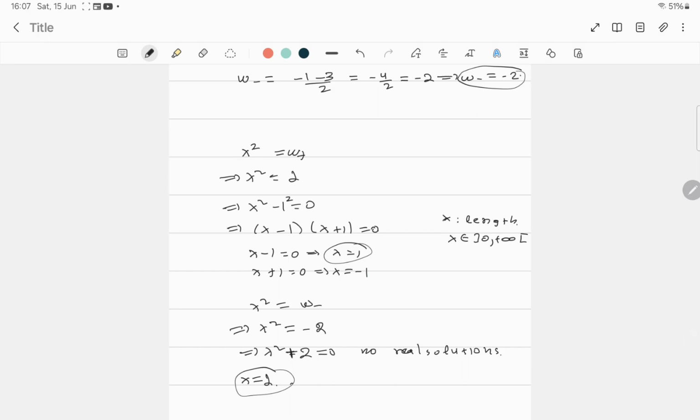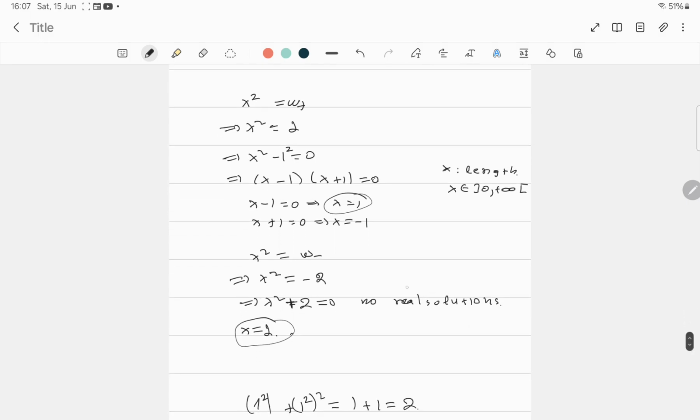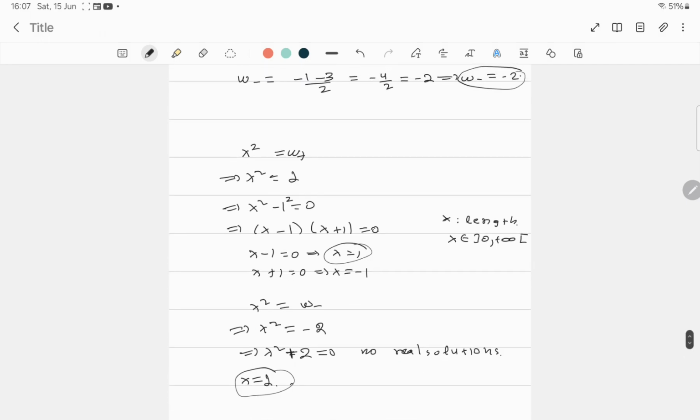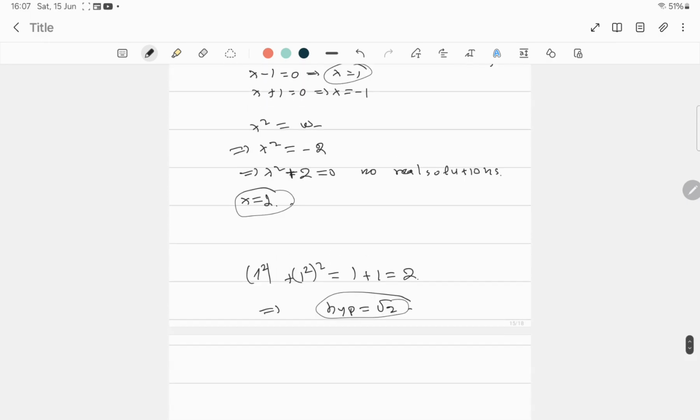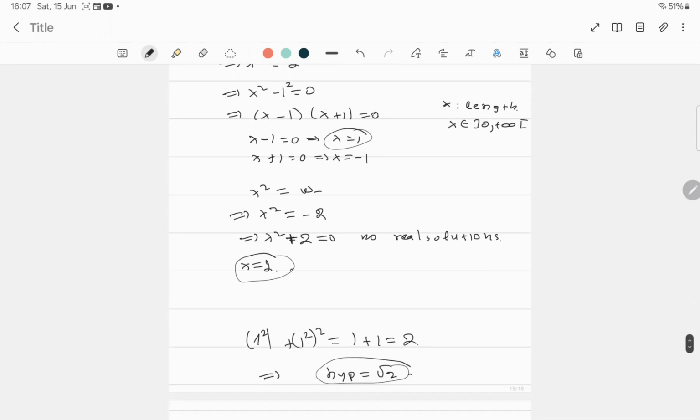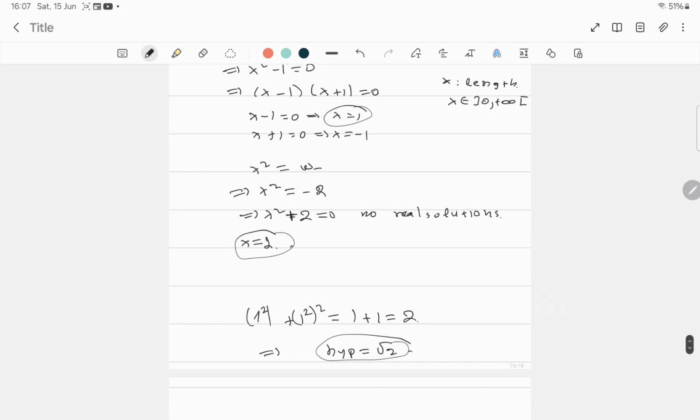And the only acceptable solution, so one equation is impossible to solve in the set of real numbers. There are no real solutions for this equation. And for the other equation, we only keep the positive value because we deal with lengths. As a consequence, we get that the only solution is x equal to 1, which satisfies here the Pythagoras theorem.